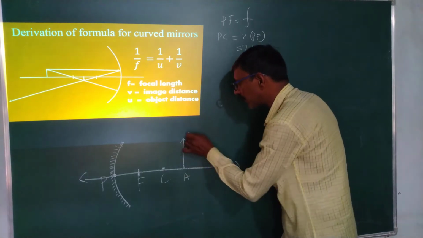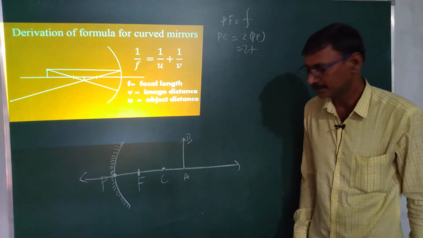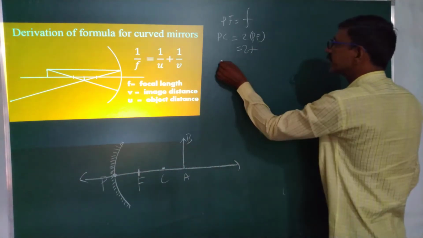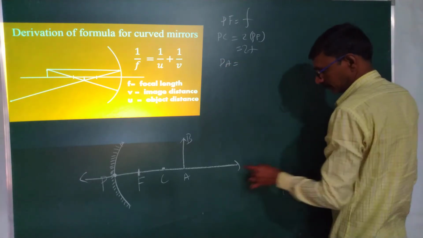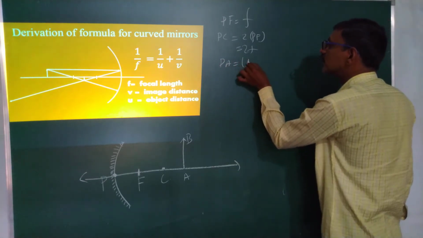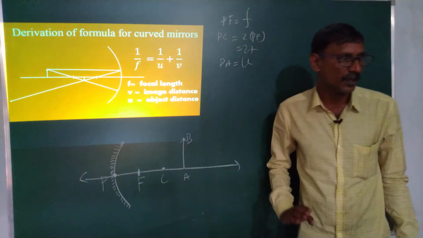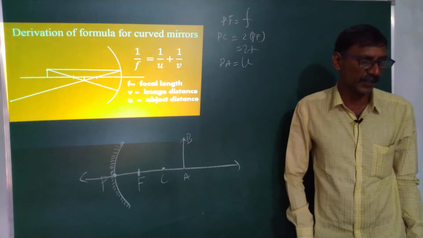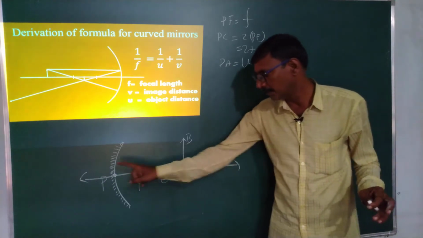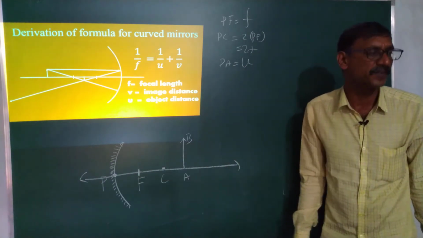Suppose AB is my object. So PA is the object distance, this is u. This may be 10 centimeters, 4 centimeters, 100 centimeters, whatever it may be. PA is nothing but the object distance.